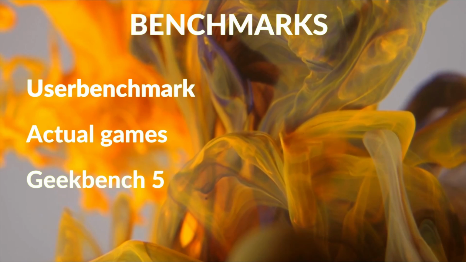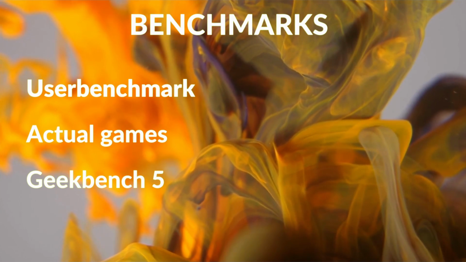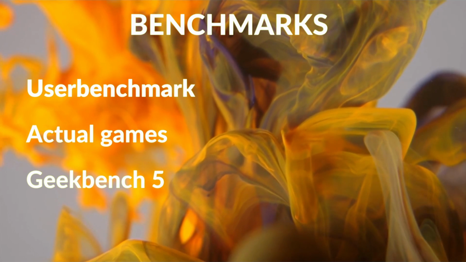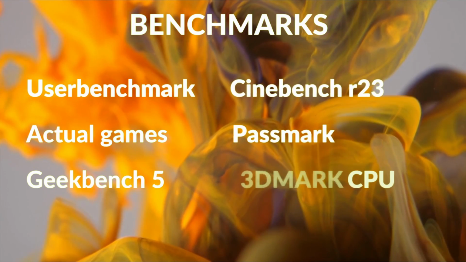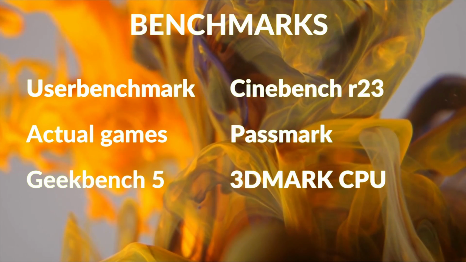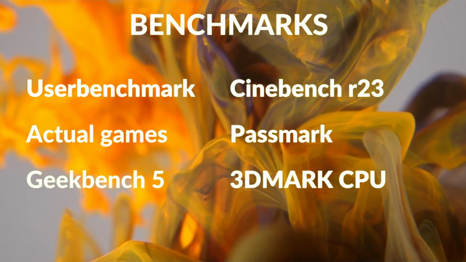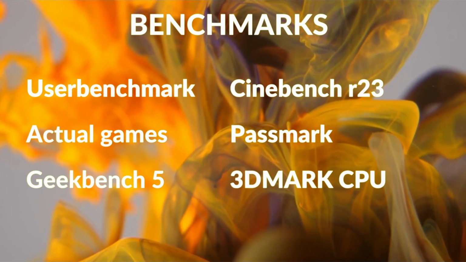The reason I use Geekbench 5 is because it's well supported on everything. You can compare phones to desktops. Some other benchmarks I use for CPUs are 3DMark, which has a CPU benchmark, Passmark, and Cinebench R23. I don't use those as often.